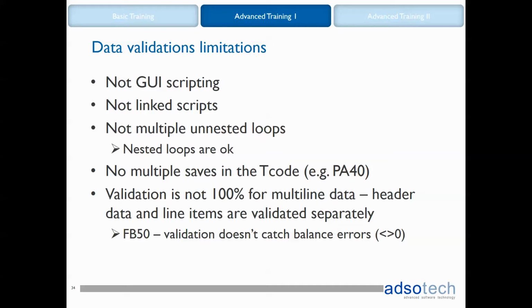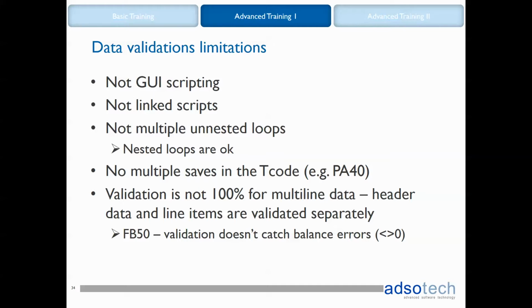What that means is it's checking each of the fields individually. So it's checking header data fields and line item fields separately. And what this amounts to is the fact that validation is not able to pick up if you have any balance errors in your data, meaning that your debit and credit don't match.